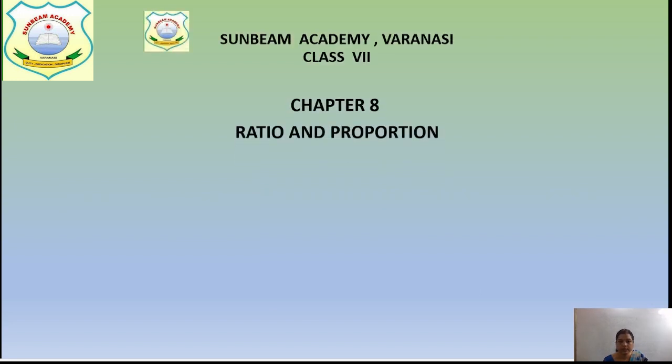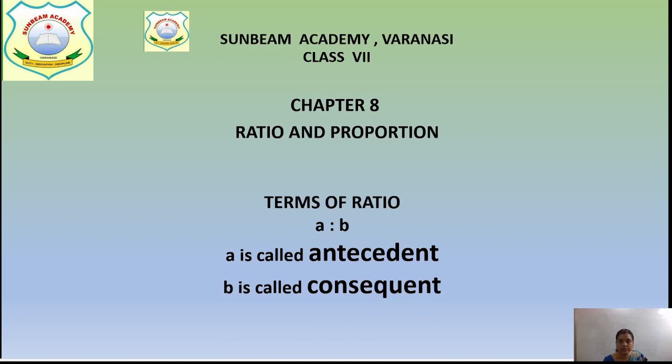What does it show? A is to B. These are the terms of a ratio. Where A is called the first term, also called the antecedent, and B is called the second term, also called the consequent.